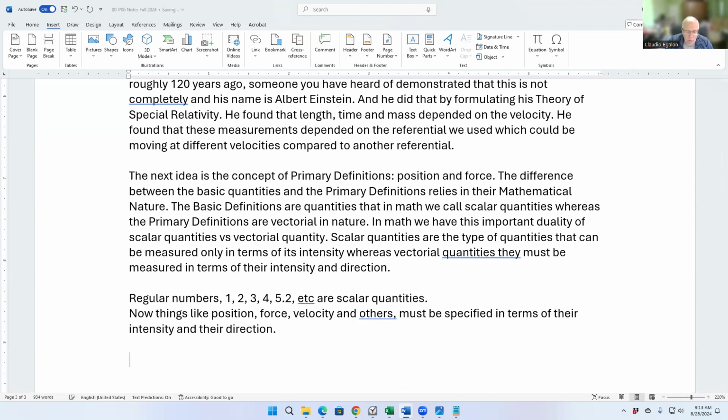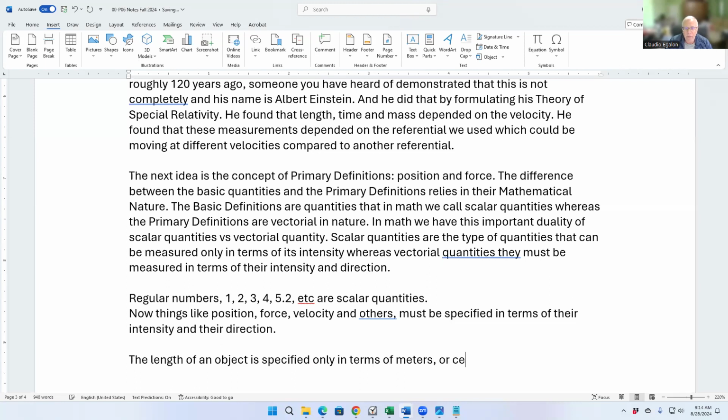The length of an object is only in terms of meters, right?